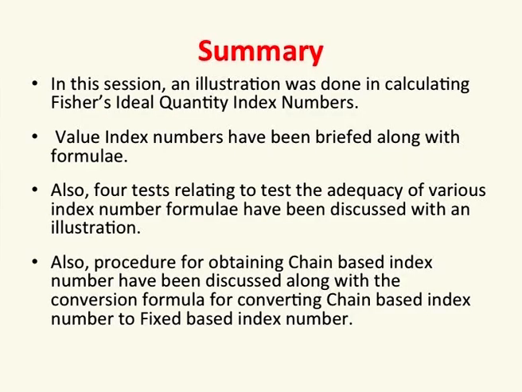Also, the criterion for a good index number and the tests of adequacy to be satisfied by the various formulae were discussed, and an illustration was done on how Fisher's ideal index formula satisfies the time reversal test and factor reversal test. Also, the procedure to compute a chain based index number was done.